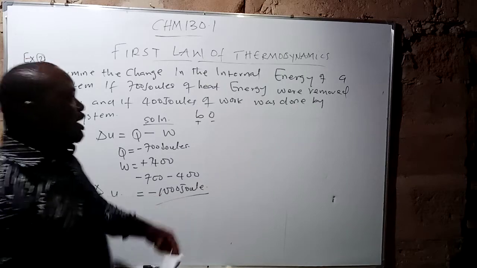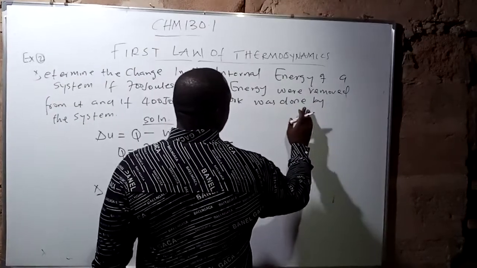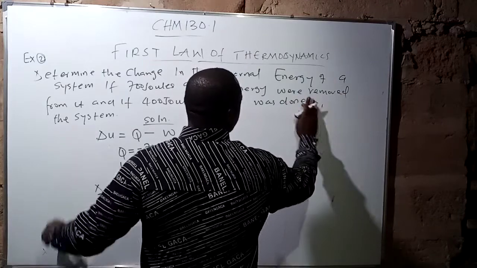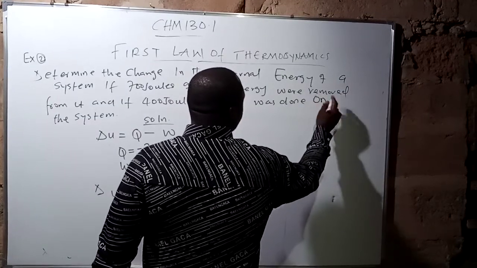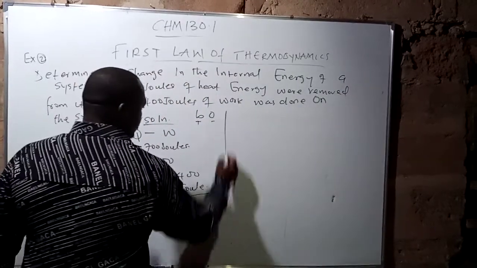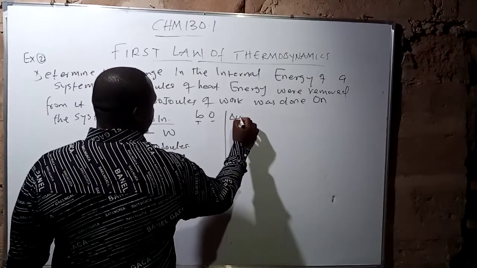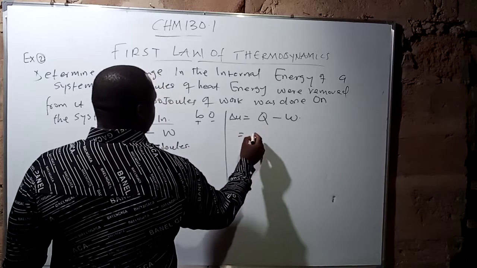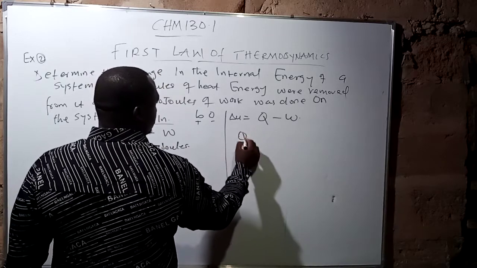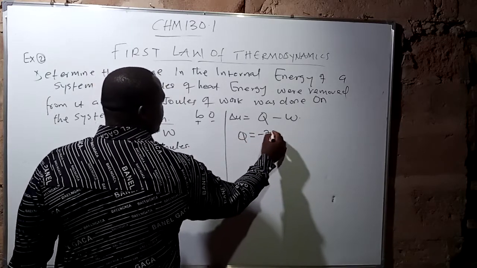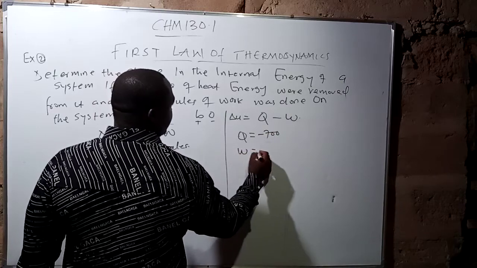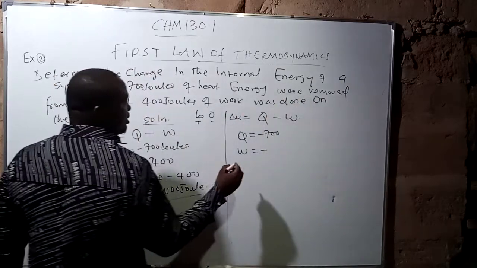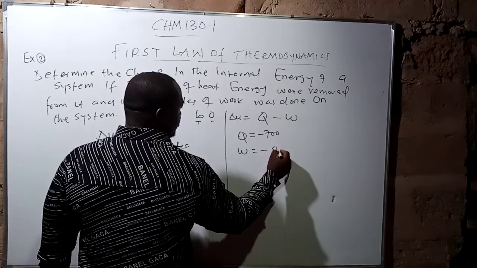What if I come here and change this, and say work was done on the system instead of by the system? So you can see this will now be change in U is equal to Q minus W. Your Q will be minus 700, and your W will now be minus 400, because work done on the system is negative.